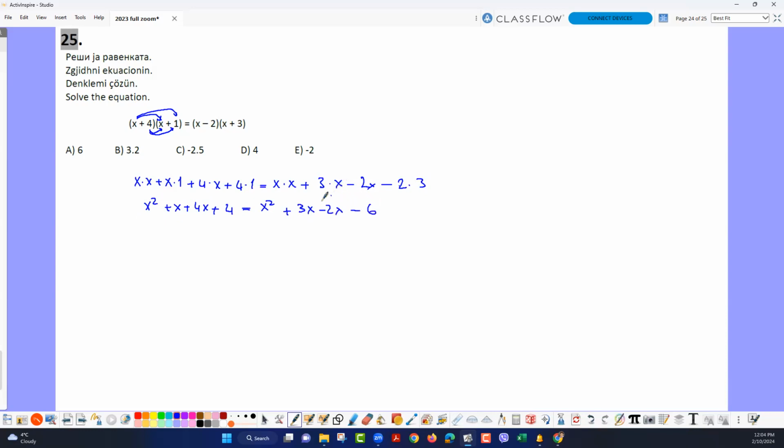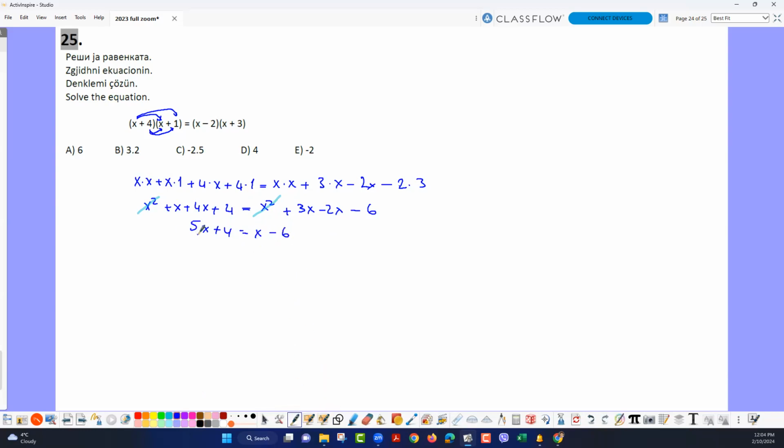Firstly, since we have x squared on both sides, we can eliminate the x squares. So 5x plus 4 is equal to x minus 6.